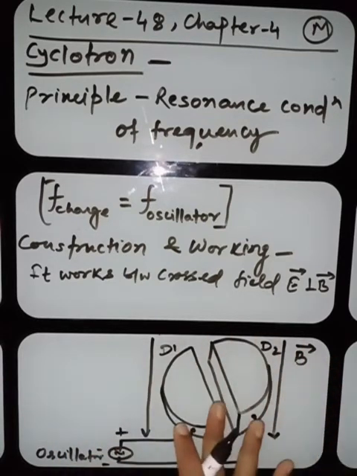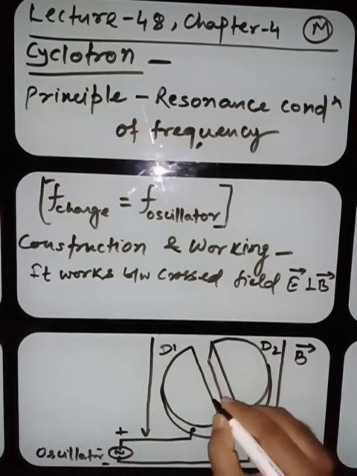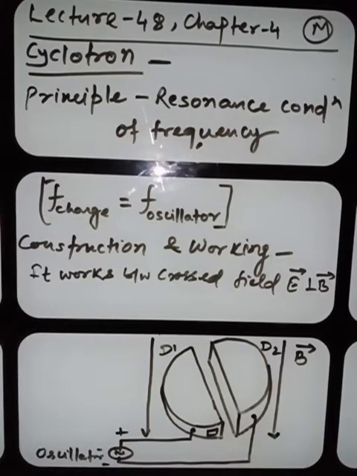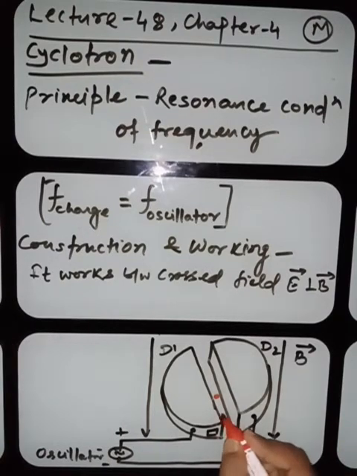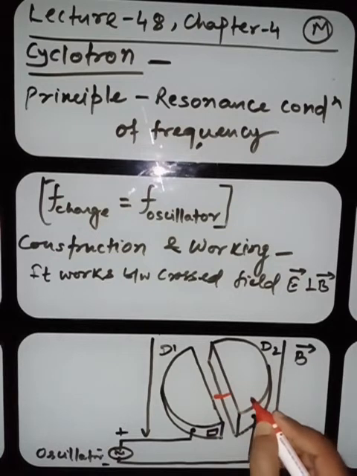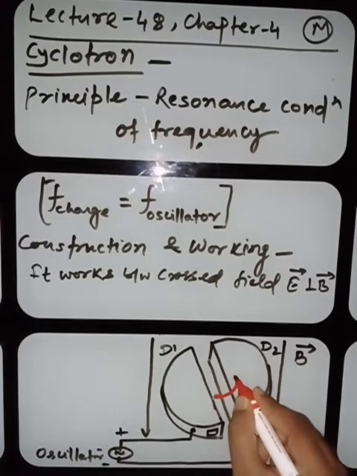This is the construction, my dear students. If you leave a charged particle, here we have a window, a very small hole. As we place a charged particle, suppose at this point, the electric field will carry this charged particle toward the D as it moves, but inside the D's there is no electric field and the charged particle moves on a circular track.